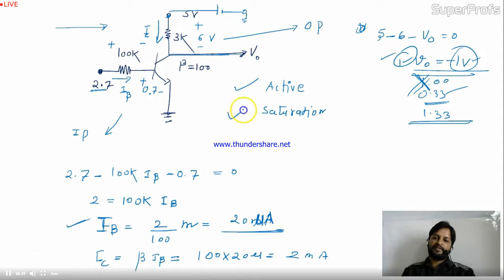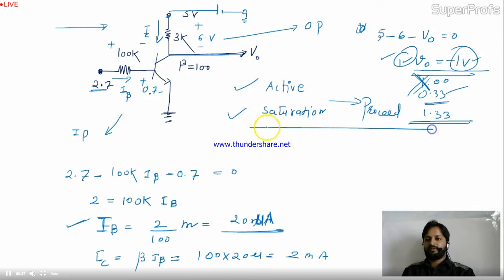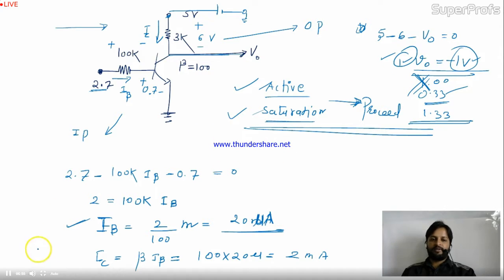You have to first check these two things, then only you have to proceed. Please note it down. This is the procedure for any BJT circuit. If they do not mention the active region or saturation region, you have to find it, and then you proceed.